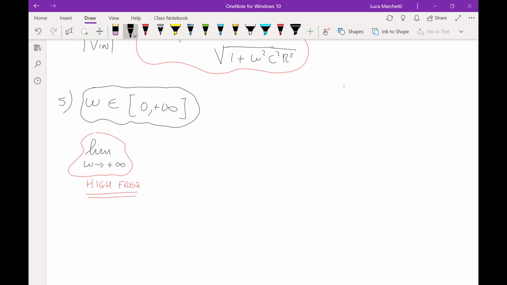This is what the limit means. Always try to give a physical meaning to the mathematics you use. So the limit of omega that goes to plus infinity of our function. I will write it here. We are going to try to understand how the filter in terms of amplitude behaves at high frequency.